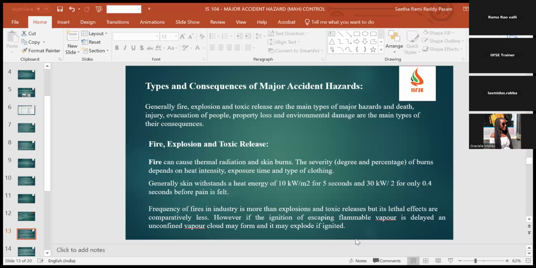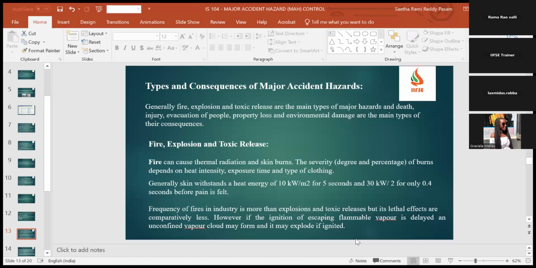When we say second degree, your first layer of skin is involved and it gets burned off. When we say third degree, even your complete muscle tissues and even bones are involved in that fire accident. That is called third degree burns. It depends on heat intensity, exposure time, and also type of clothing.